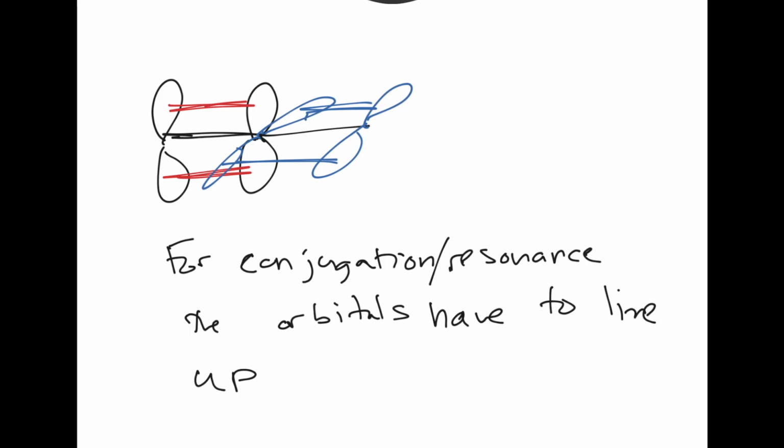So when we have a diene that we draw as being conjugated, we are just assuming that those orbitals are lined up with each other. And for most simple things, they do line up. But when they don't line up, you don't have resonance. So we've got these three types of polyenes: isolated, conjugated, and cumulated. Let's talk about stability.